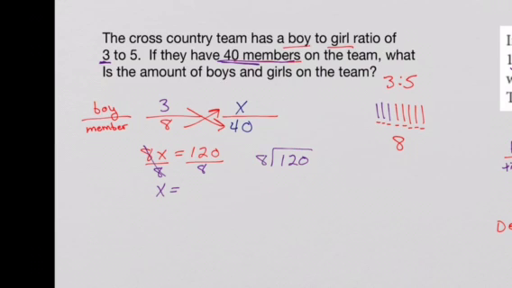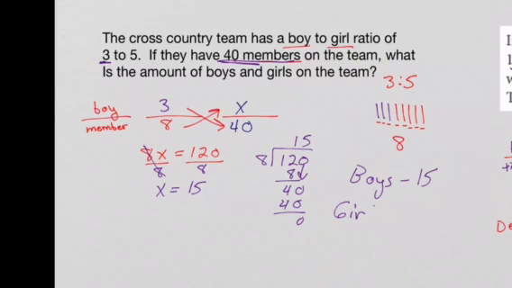And so what we do is we set this up, we multiply, and we can see that 8 goes into 120 15 times. So X equals 15. So that means X is representing the boys, we have 15 boys. So I'm going to write right here, boys, 15.